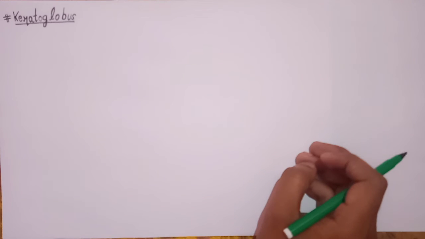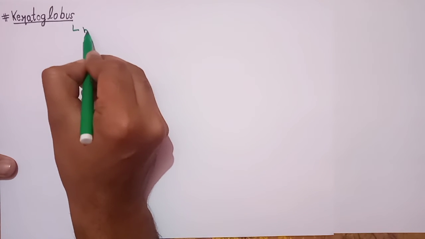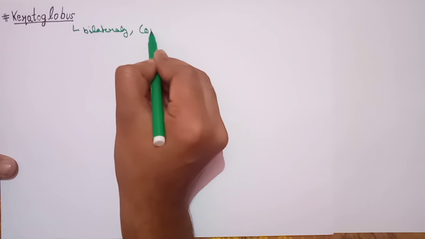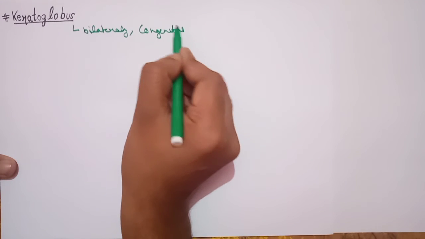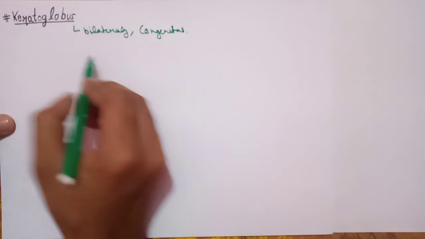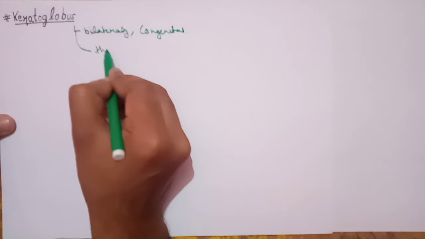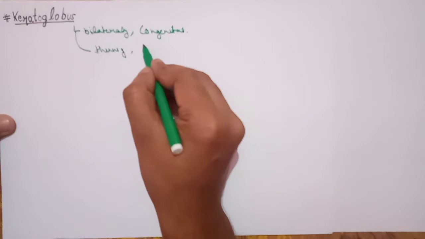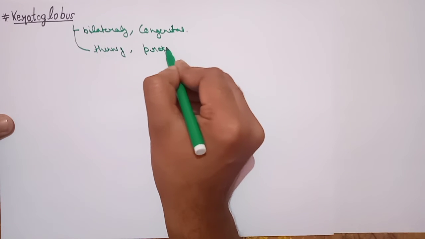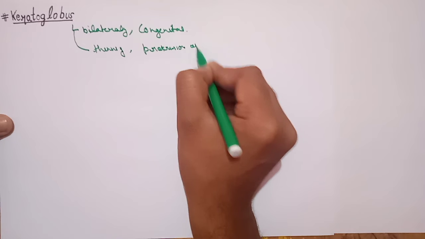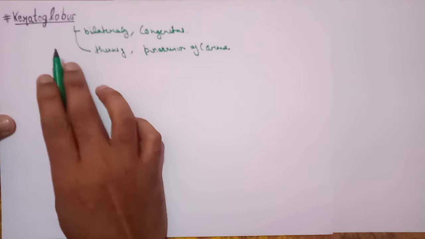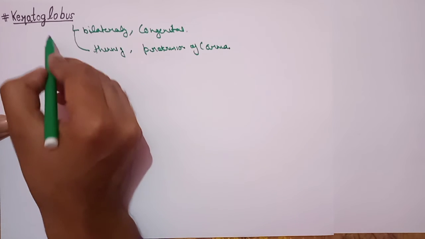The second condition is keratoglobus. Keratoglobus is also a bilateral condition, a congenital condition, with thinning or protrusion of the cornea. So what is the difference between keratoconus and keratoglobus?